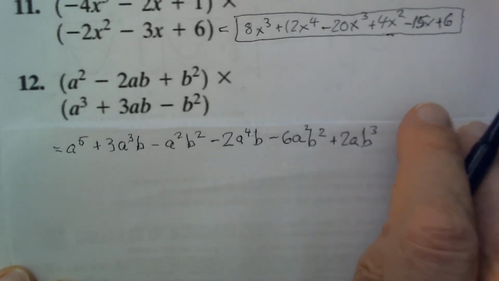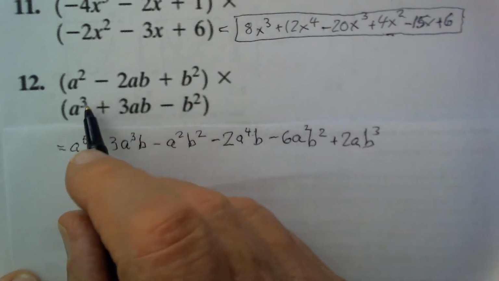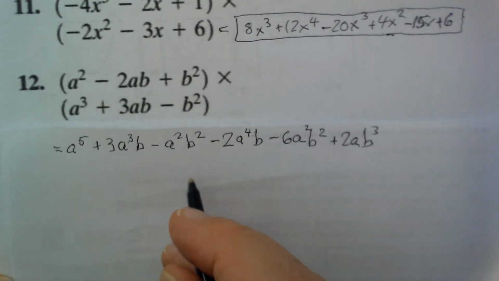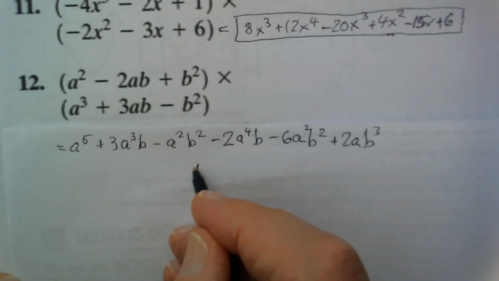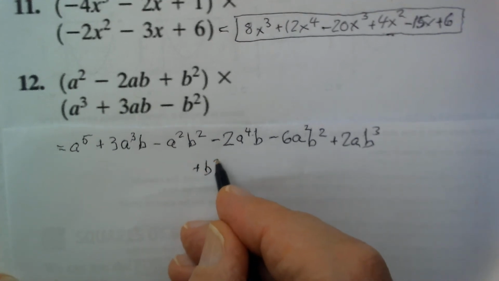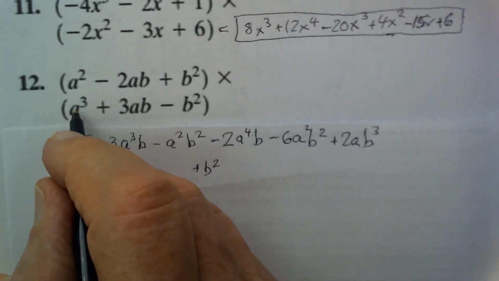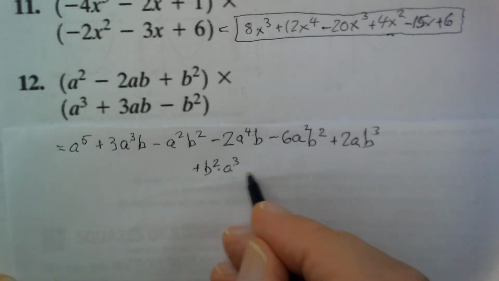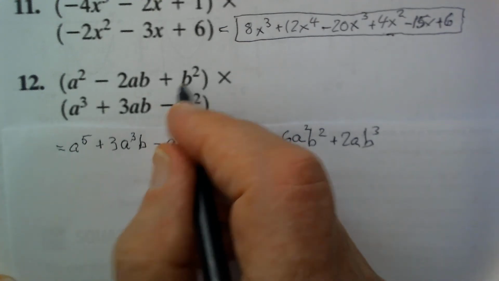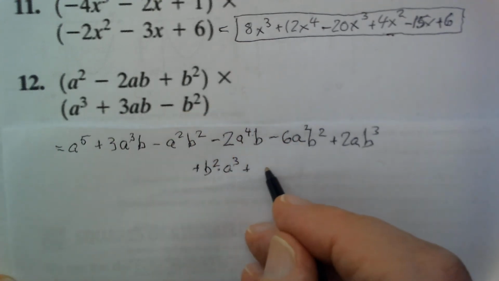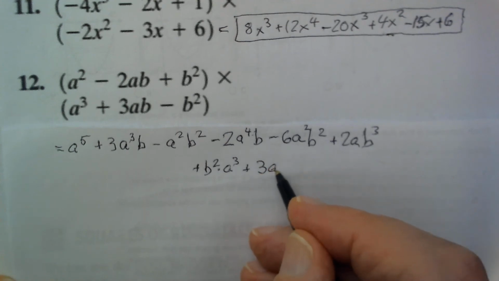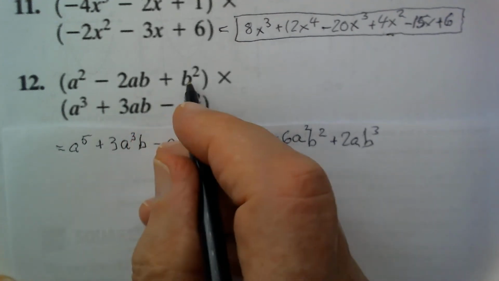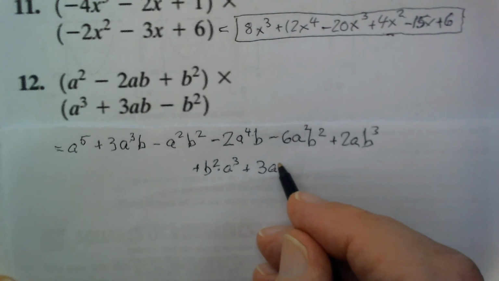And now we need to multiply b squared times these terms here. So plus b squared times a to the third. We'll change it around in a moment here. And then we have b squared times 3ab. So that's 3ab, and b times b squared is b to the third.